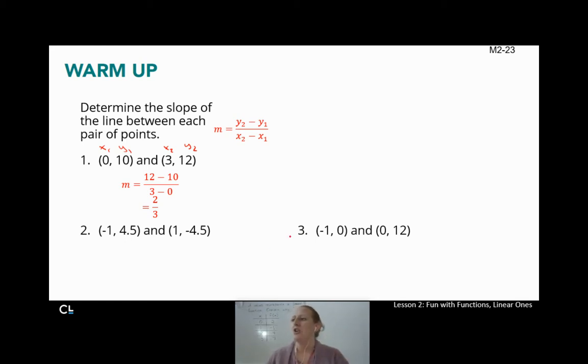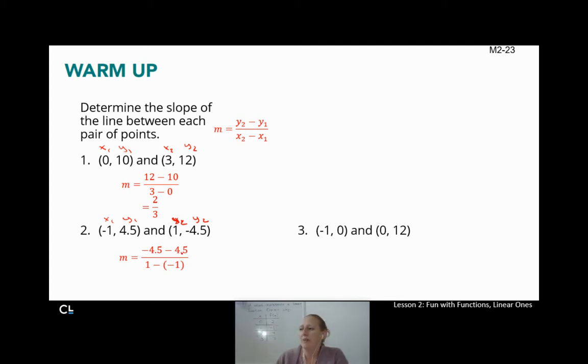Yay. Don't freak out over decimals. They want to be treated just like all the other numbers. So again, I'm going to call this x1 and y1, and this x2 and y2, because that's my second x coordinate. So I will subtract my y coordinates on top, negative 4.5 minus 4.5, and 1 minus a negative 1 on the bottom.